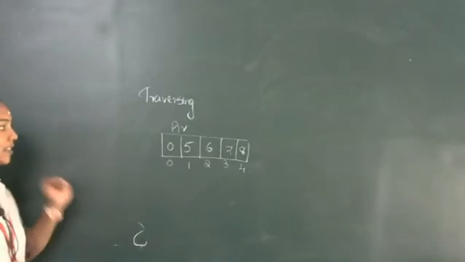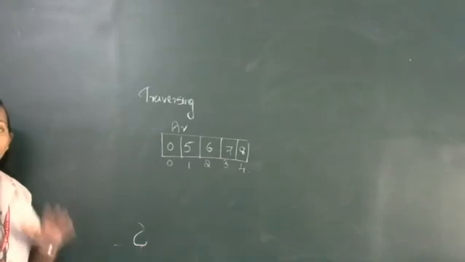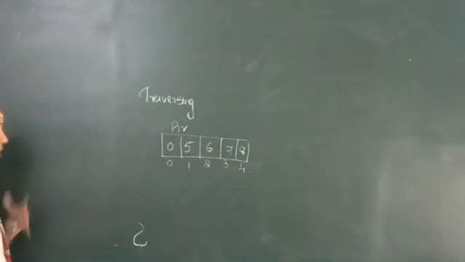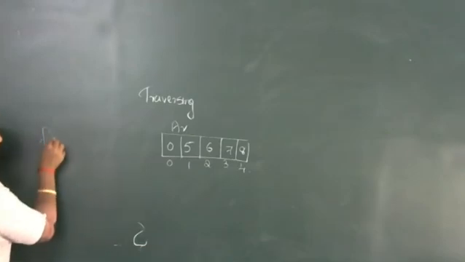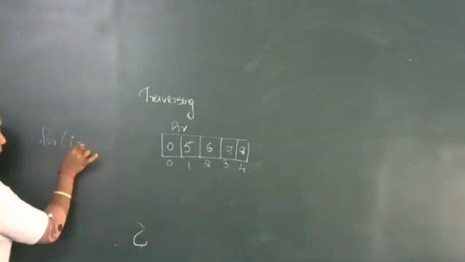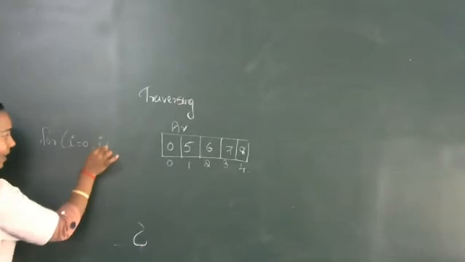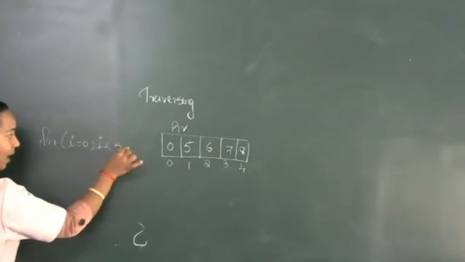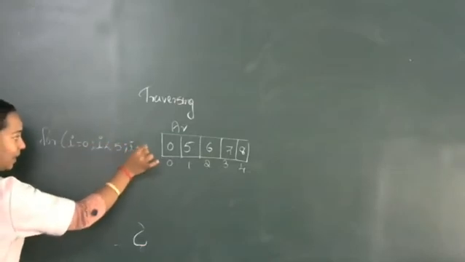For accessing all the array elements, I am going to write one for loop. First I am going to input values using the for loop. For that I can write: for I equal to 0, I less than 5, I plus plus.